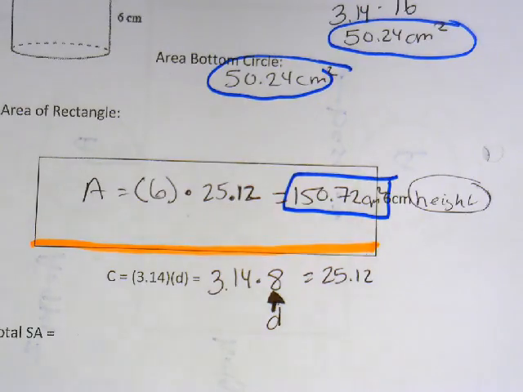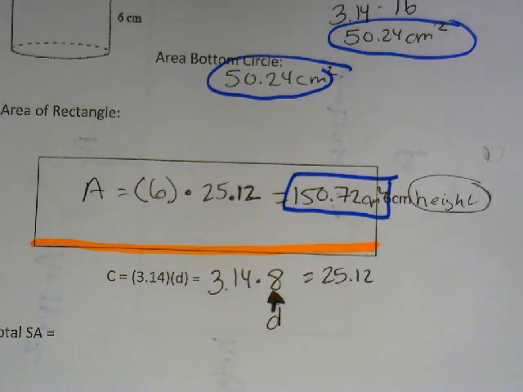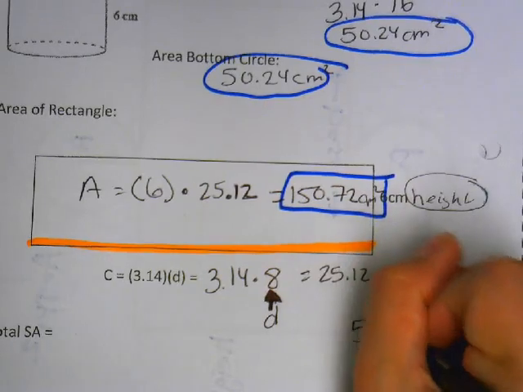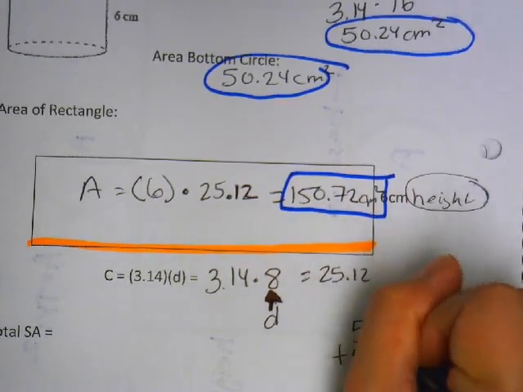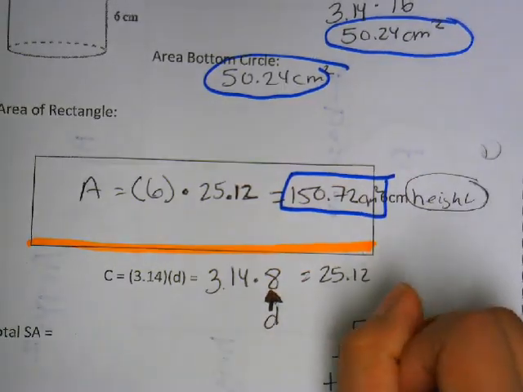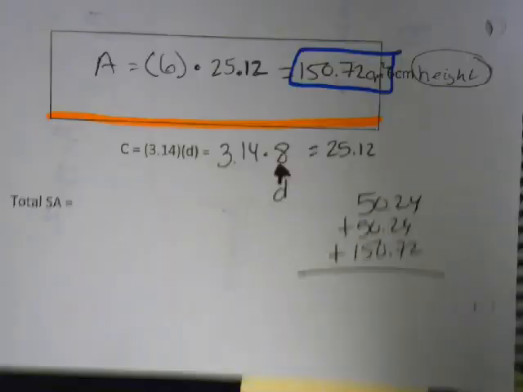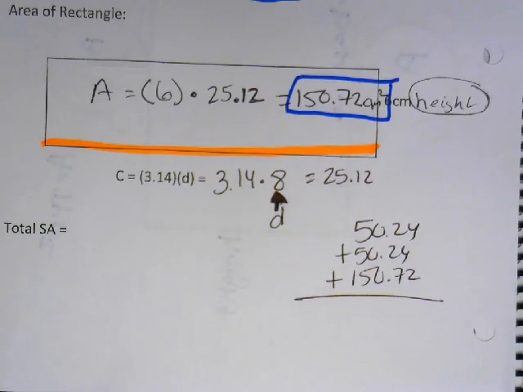So now we have the area of the top, the bottom, and the circular side. You add them up. So the total surface area is 50.24 plus 50.24 plus 150.72.